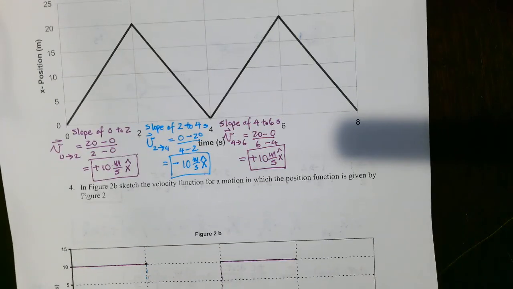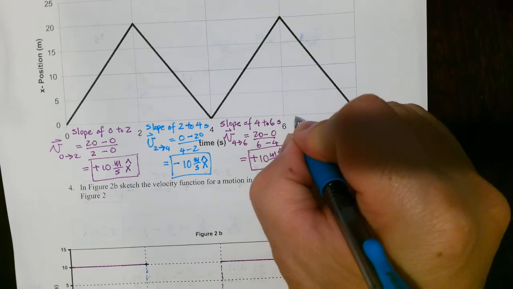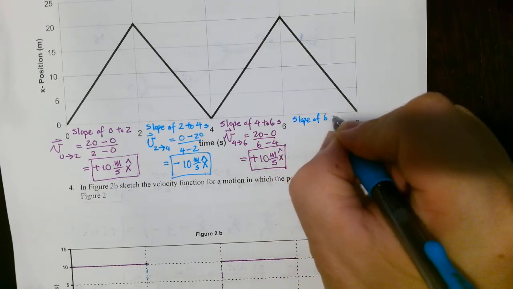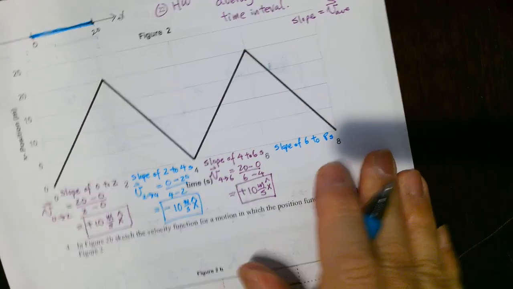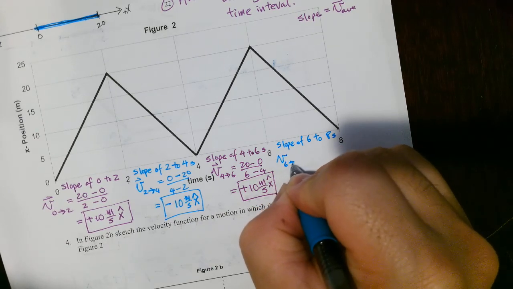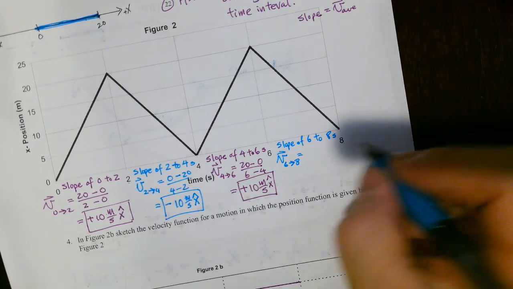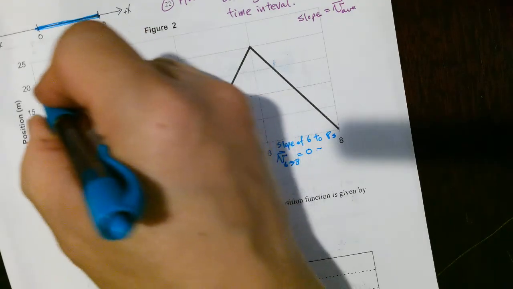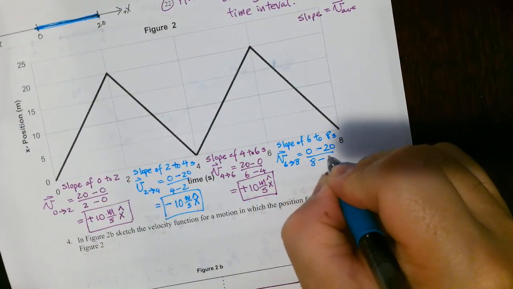And then, last but not least, we have a slope of 6 to 8 seconds, okay? That is the velocity of 6 to 8, or average velocity of 6 to 8. And that is 0 minus 20 over 8 minus 6.